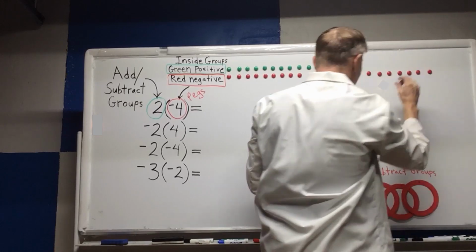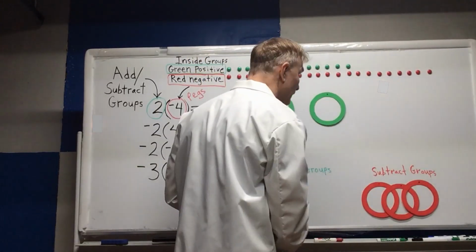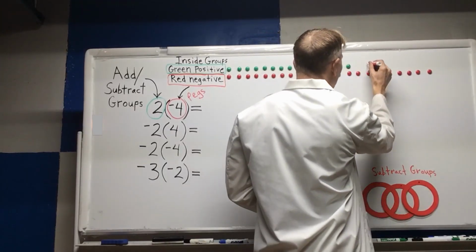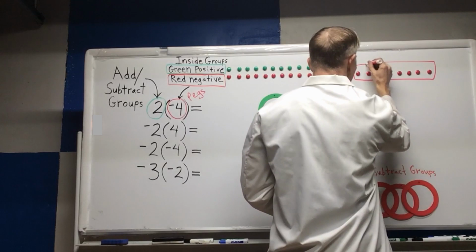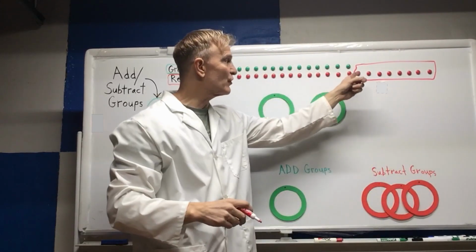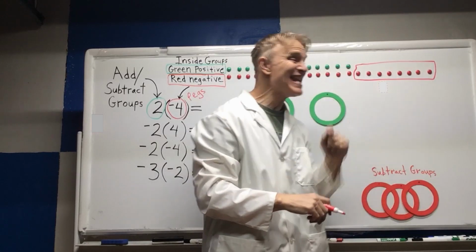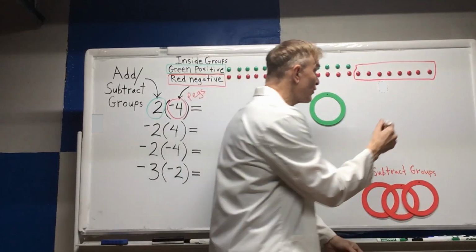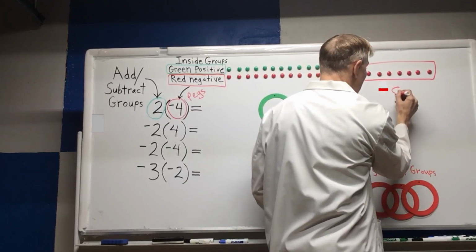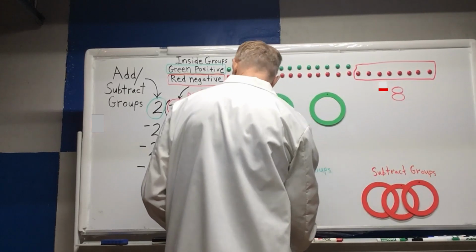And if you'll notice, there's no green to neutralize these. There's 1, 2, 3, 4, 5, 6, 7, 8. 8 red. Red represents negative, so the answer is going to be negative 8.